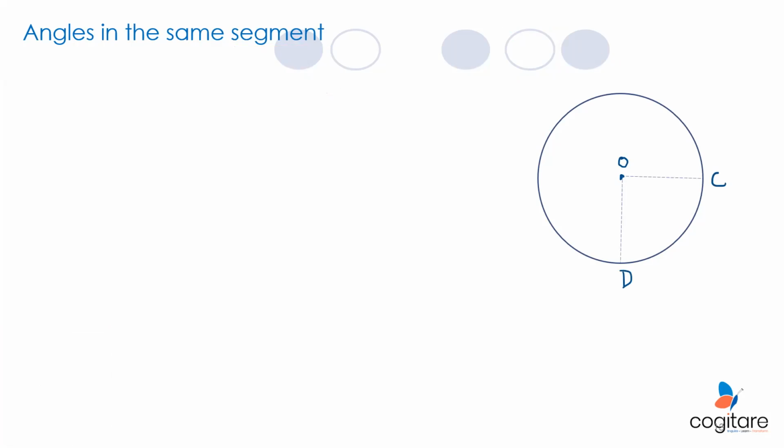Now, in order to do that, let's go back to what we just learned. Let's say there is an arc DC. Well, DOC is not a quadrant, let's say it's slightly less than that. Look at the minor arc DC.